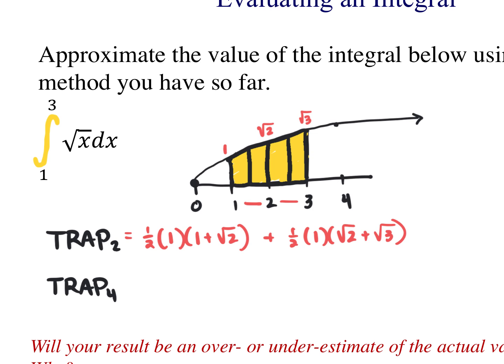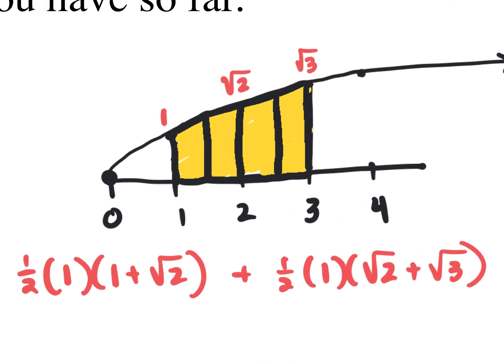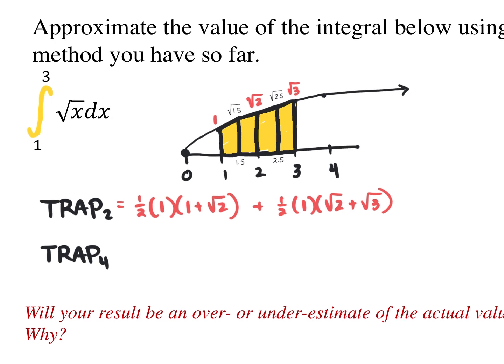Now, if you decided, okay, I'm going to be more accurate, I'm going to do trap 4, then that means you're adding data points in these individual spots. You'll also be looking at 1.5 and 2.5, which will give you additional height values, the square root of 1.5 and the square root of 2.5, and that's going to be even more accurate using your calculator.